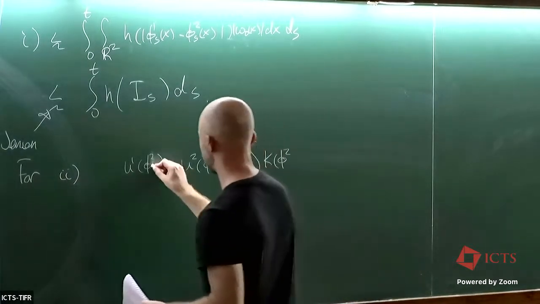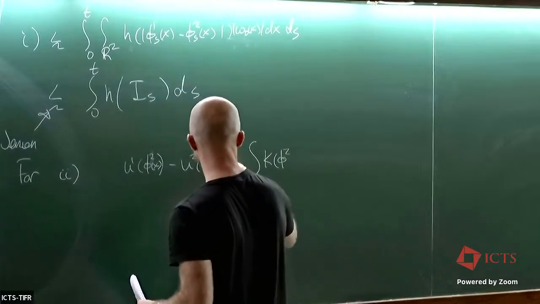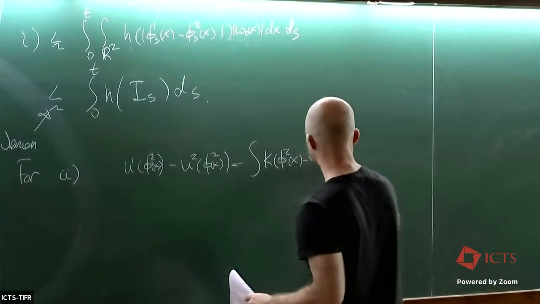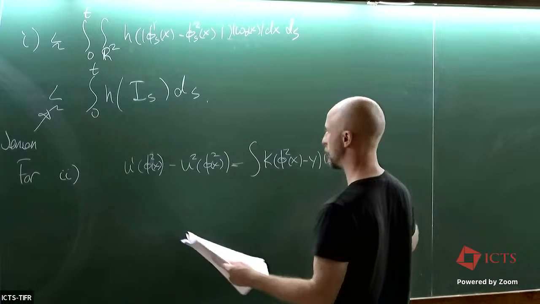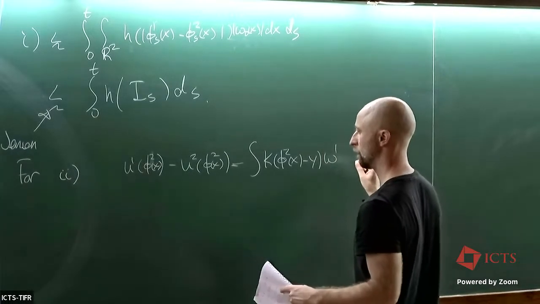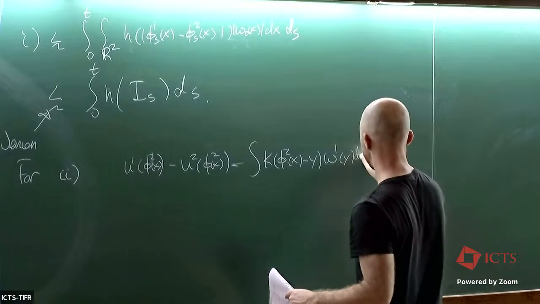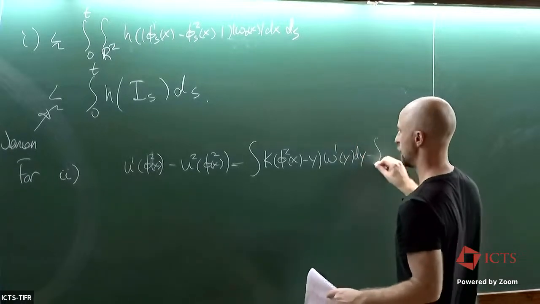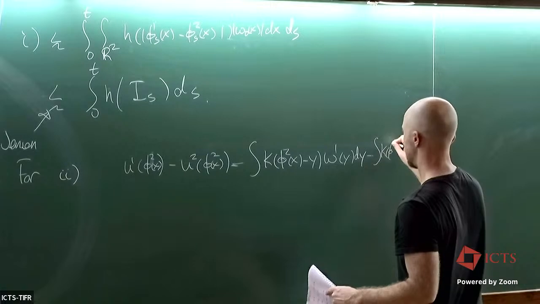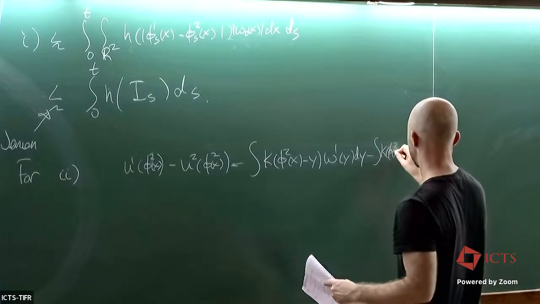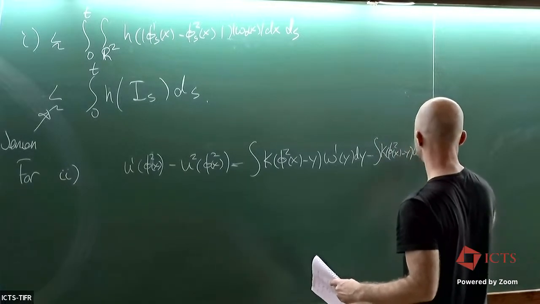Oh, I should be specific about the spatial point here. This is x minus y, and integrating now the first vorticity, dy, and then minus k at phi 2, x minus y, and here we put the second vorticity.